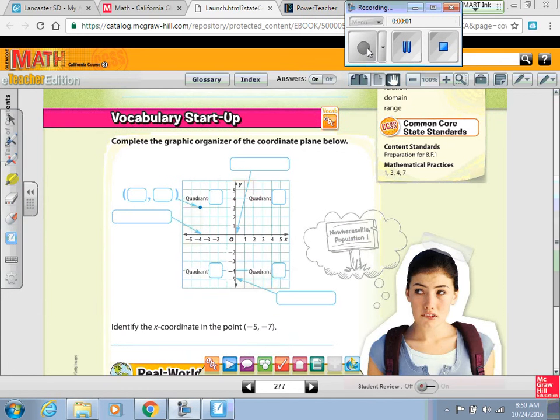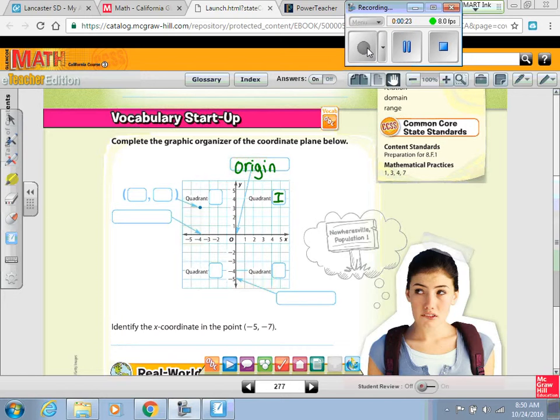Review some of the vocabulary regarding graphs so that your memories are refreshed on the different parts of a coordinate plane. Of course, 0 is your origin. This first quadrant right here is quadrant 1, and it's written with Roman numerals.